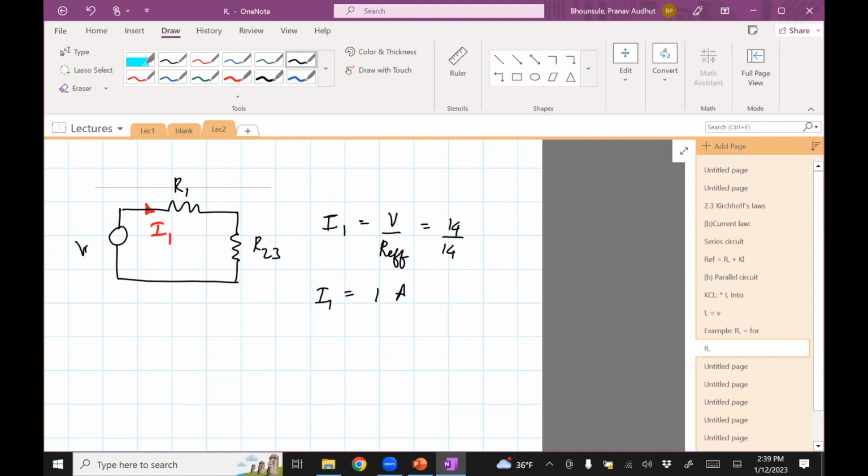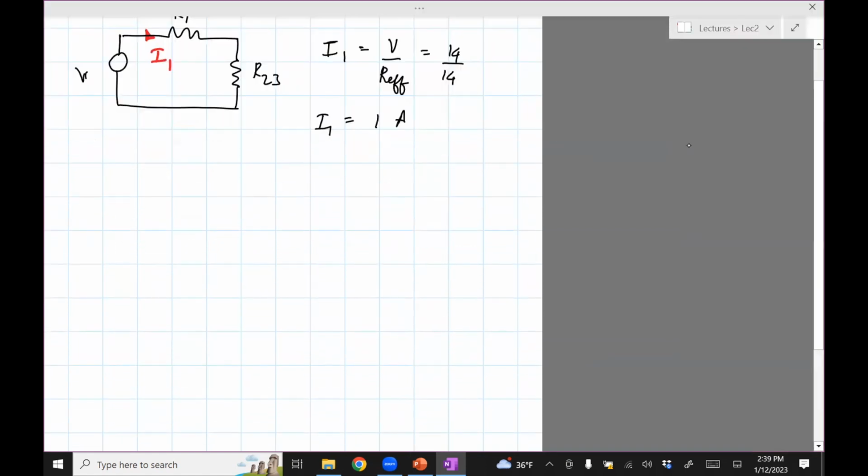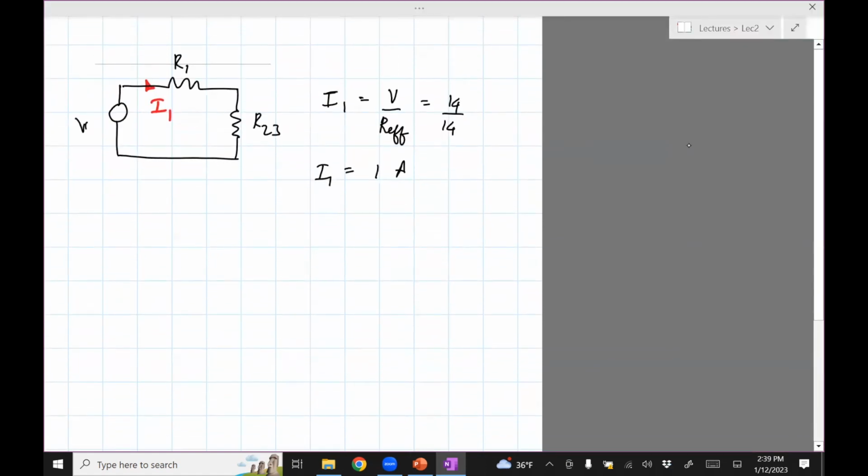Now let's use that to compute the currents through R2 and R3. Let me just draw the whole thing, but we don't really need anything about the voltage source now. So I'm back to this original circuit. I've already computed I1.